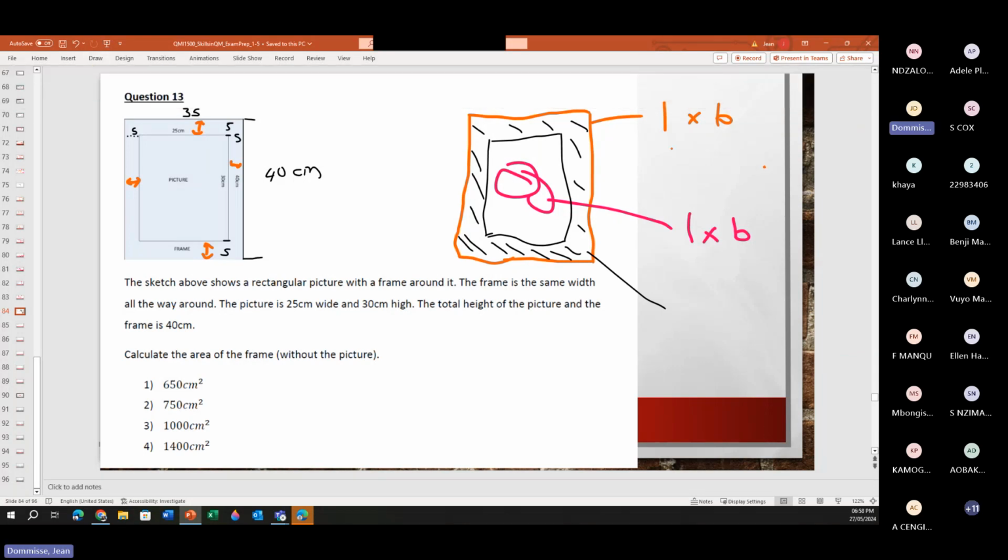So let's do L times B. We've got the outside, 35 times 40. So the orange whole area is 35 times 40, which is 1400.